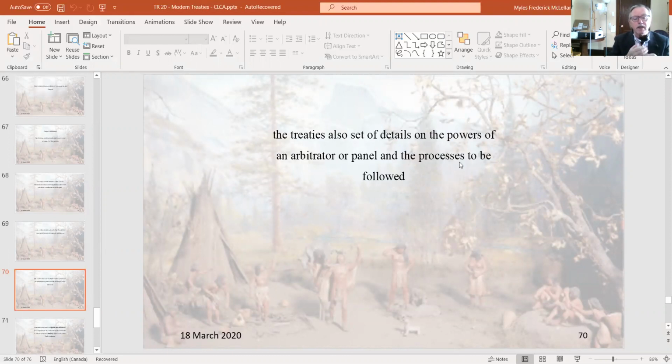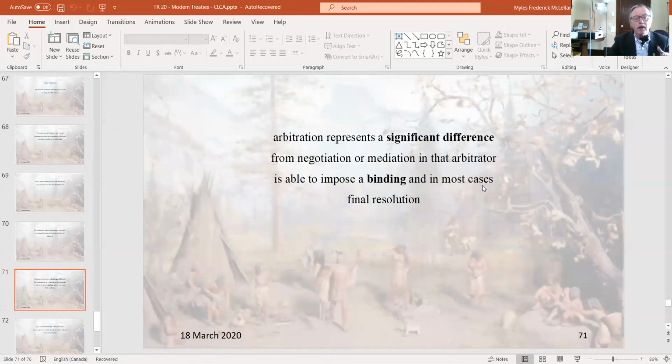And what happens is that the appointment of an arbitrator and the rules that the arbitrator will put in place are going to be found in the treaty document itself. And it sets out pretty much its own in-house adjudication system for this rather formal resolution to issues.